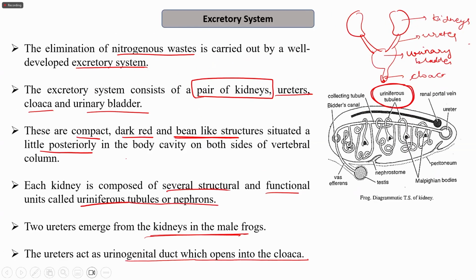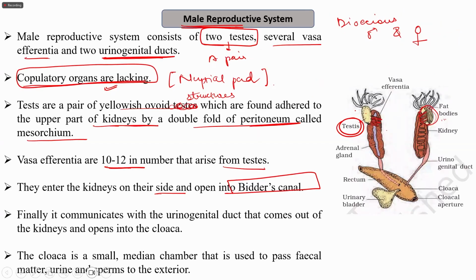You can see in this figure, the testes contain vasa efferentia that enter into the kidney, the Bidder's canal. Finally, it communicates with the urinogenital duct, which comes out of the kidneys and opens into the cloaca.